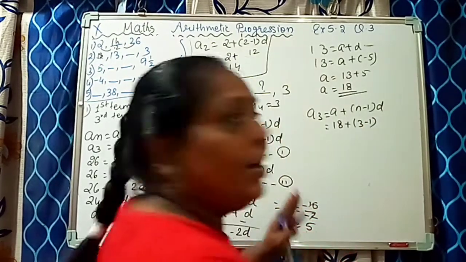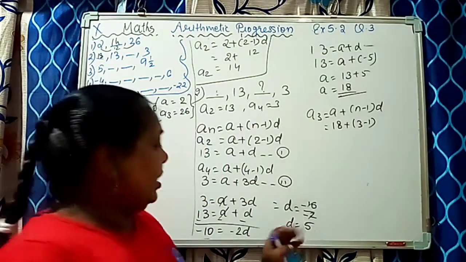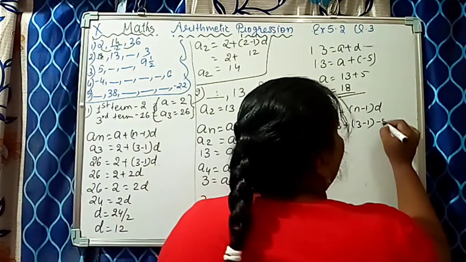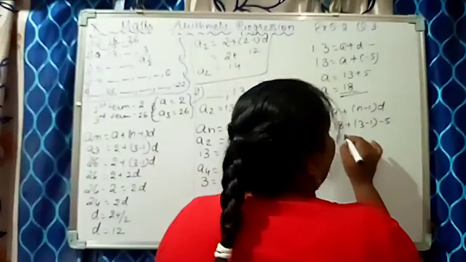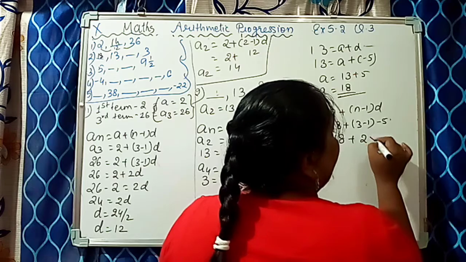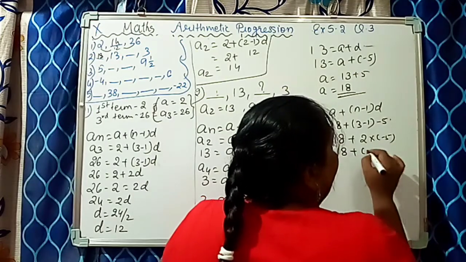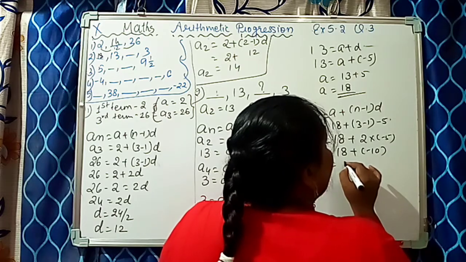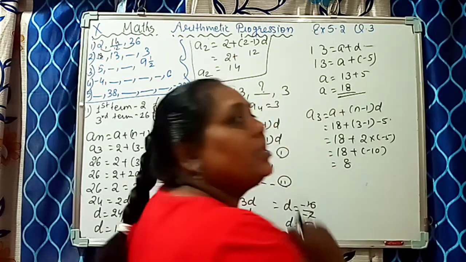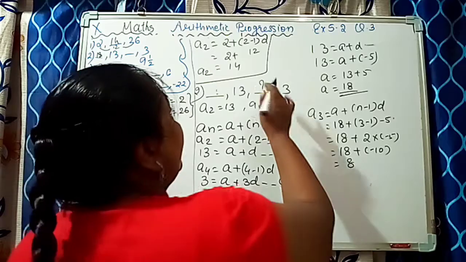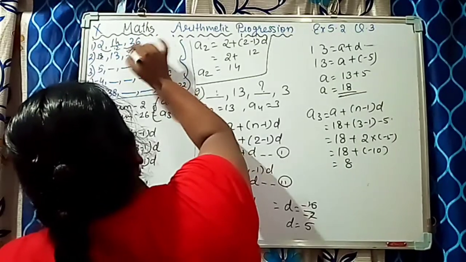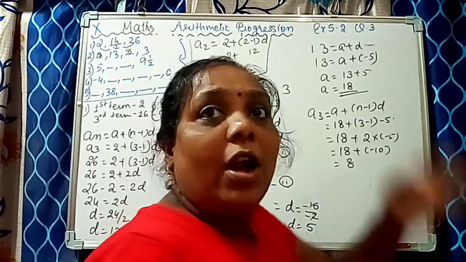And what is our D? Okay. D is minus 5. So minus 5 we have written. So 18 plus 2 into minus 5, that is 18 plus minus 10, that is 8. 18 minus 10, 8. So we got here again the answer 8. Okay, we got the answers.